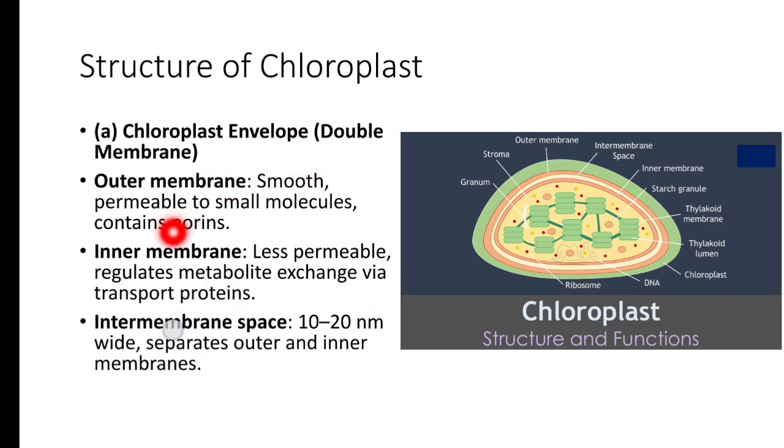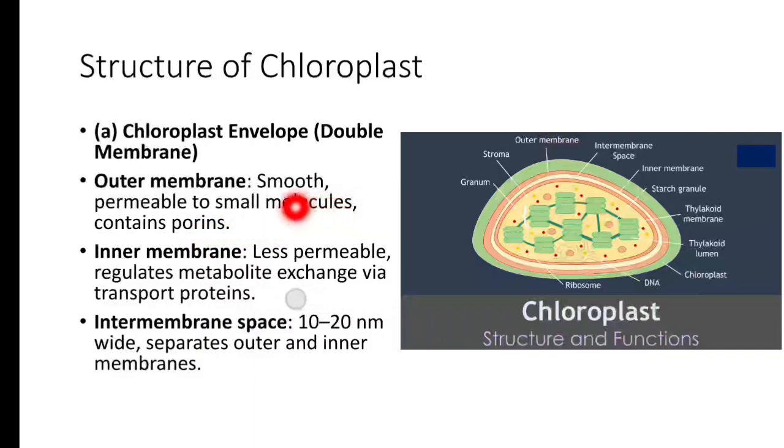The chloroplast will have an outer membrane and then an inner membrane, and between the membrane system there will be an intermembrane space. The outer membrane will be very smooth, and it is permeable to all small molecules and contains porins.